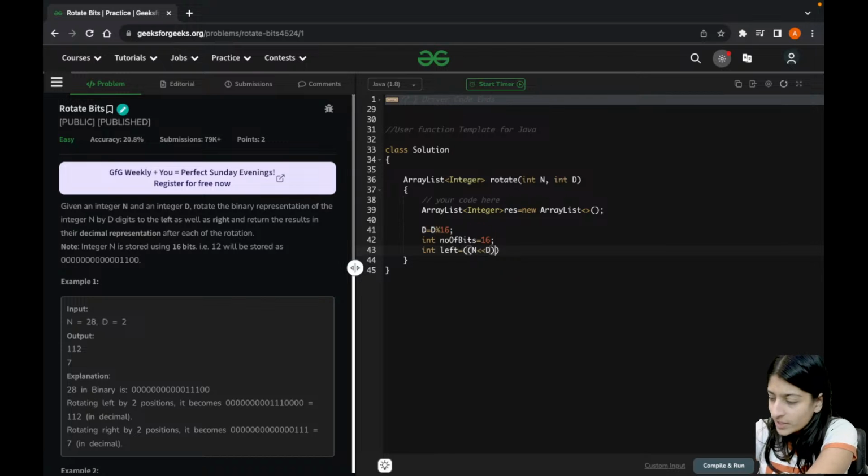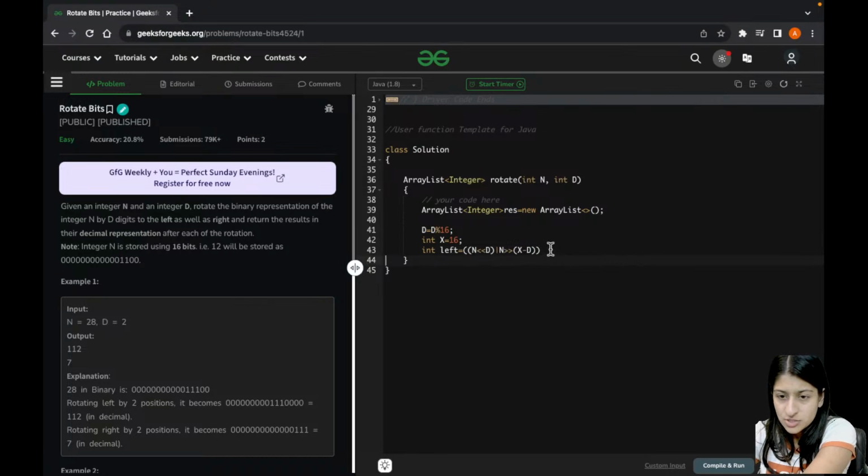Then you are doing a bitwise OR with N right shifted by the total number of bits, which is 16. Let me take it as x so that it is easier. So x minus D times, right?